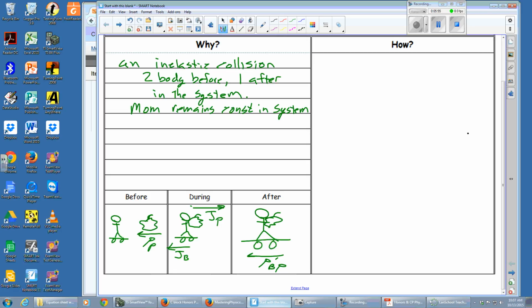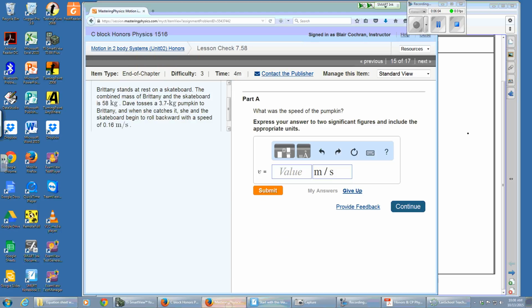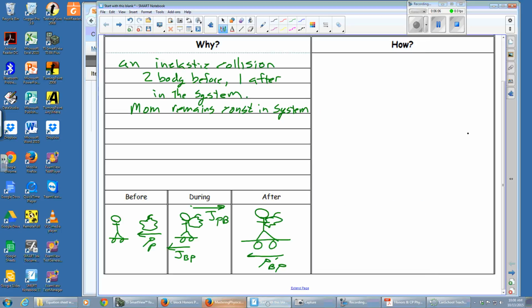So the impulse on Brittany due to the pumpkin, and this would be the impulse on the pumpkin due to Brittany. Good point. I was slacking there because there are only two things, so they're acting on each other. But excellent point, though. We should have those. All right, so that would get you full credit on the Y, even if it wasn't drawn as well.